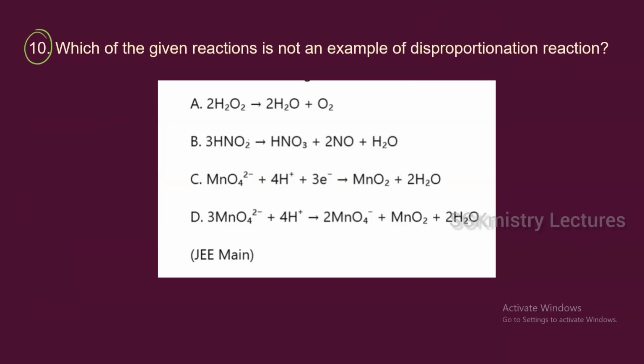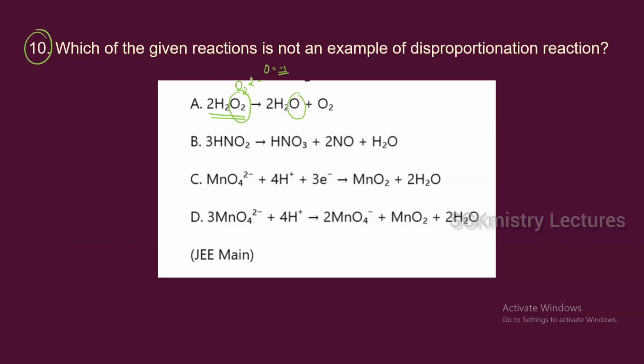Now, let us take an example. The decomposition of hydrogen peroxide is a very important reaction, which is an example of a disproportionation reaction. Let us verify the same. Here, O2 2- is the peroxide ion, so per oxygen it will be -1.